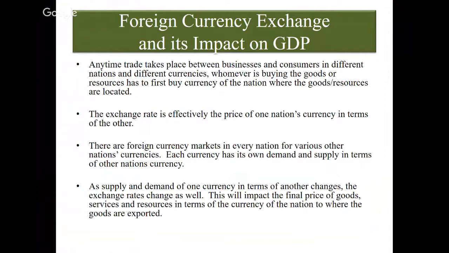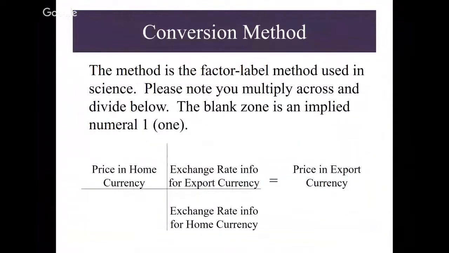So here's a math formula you've got to know: how to convert from one currency to another using what's called a factor label box. If you've had chemistry or physics, you've used this before. You have this box where the top two rows are multiplied and the row on the bottom is divided, but there's an empty box where there'd be an invisible number 1, because what we're using is essentially a ratio and proportion.